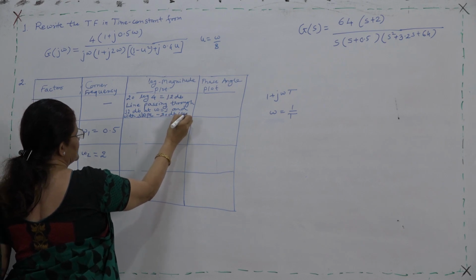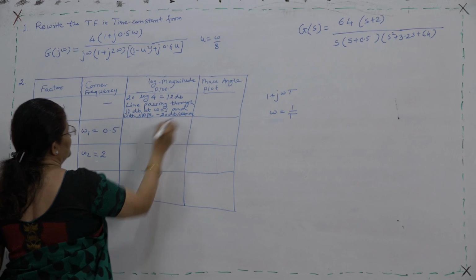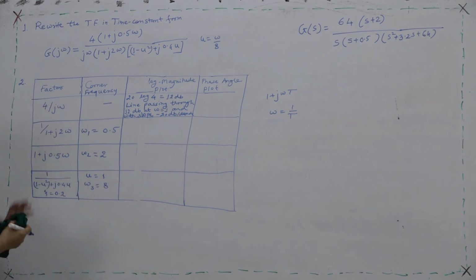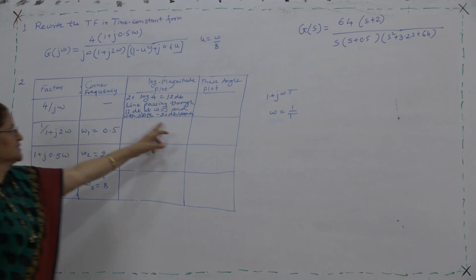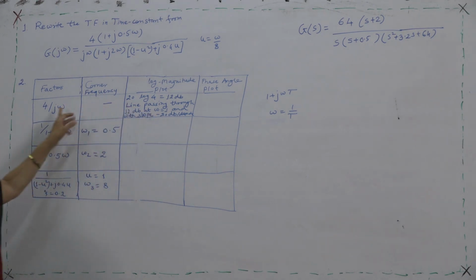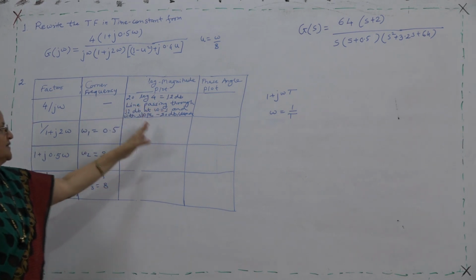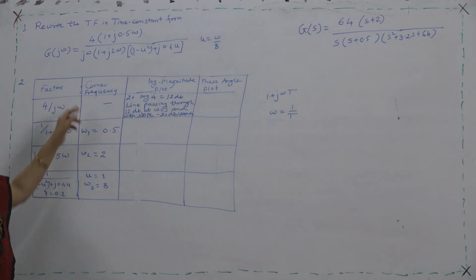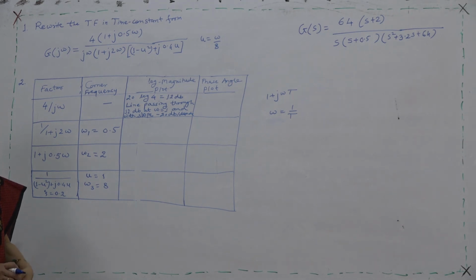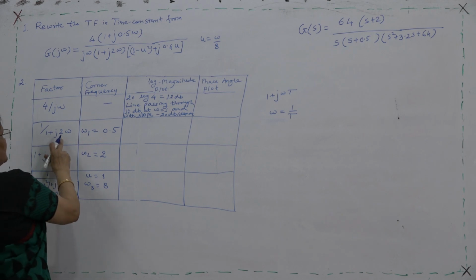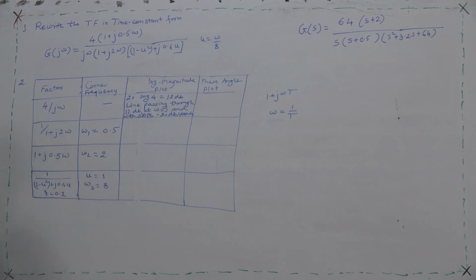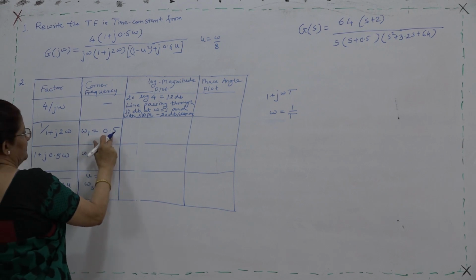I think we have discussed it properly. Because it is a single j omega term, only one j omega term, slope will be minus 20 dB per decade. If it is j omega square, it is minus 40 dB, or minus 20 into r if j omega raised to r term is there. What about this? It is a real pole, and the corner frequency is 0.5.